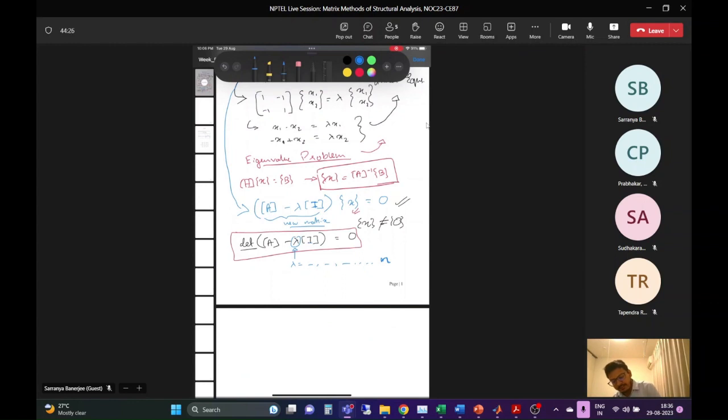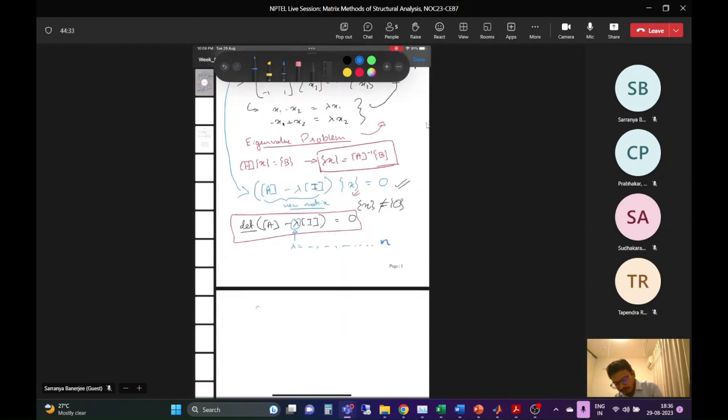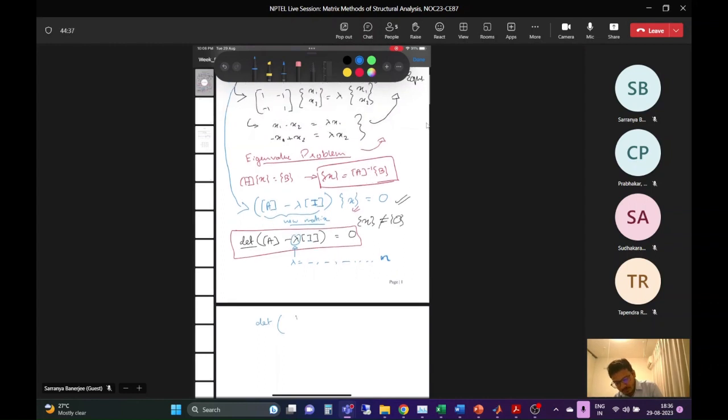If we have, say, let's take this example itself, what we took earlier. Now if we want to say determinant of the matrix 1, minus 1, minus 1, 1, minus lambda times the identity matrix, equals 0. So what would be the answer for this?